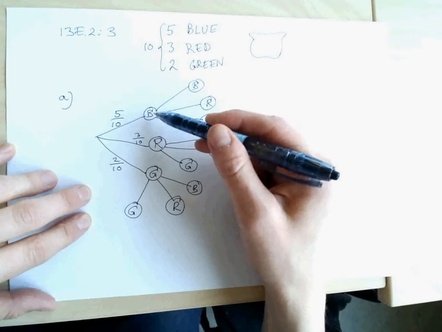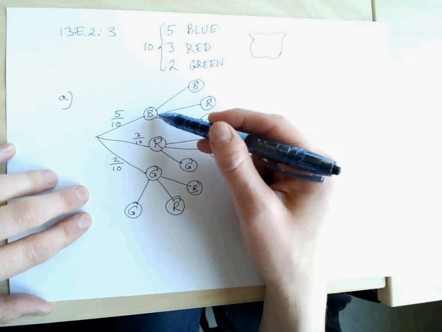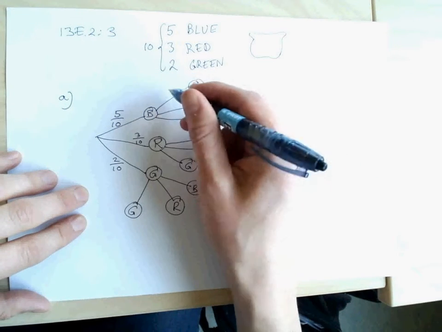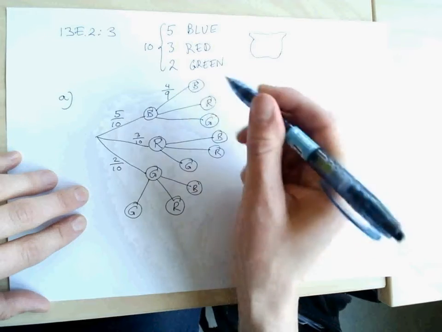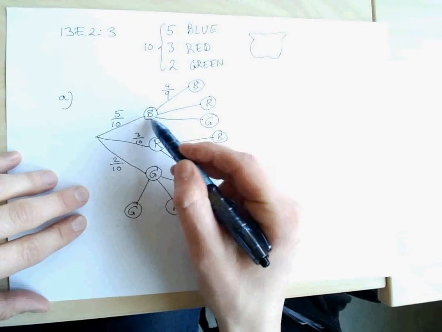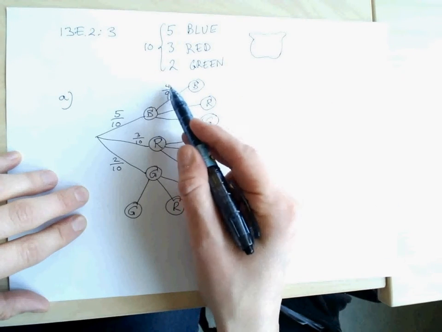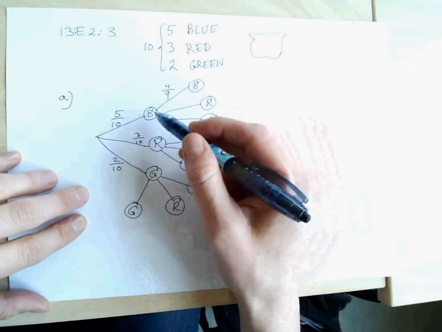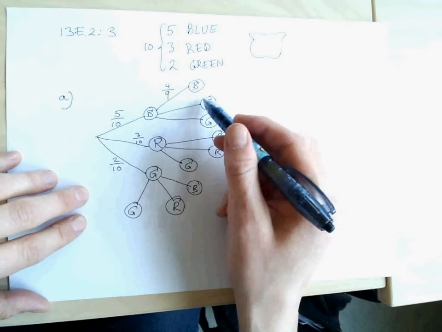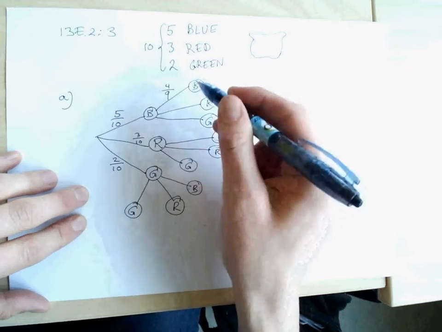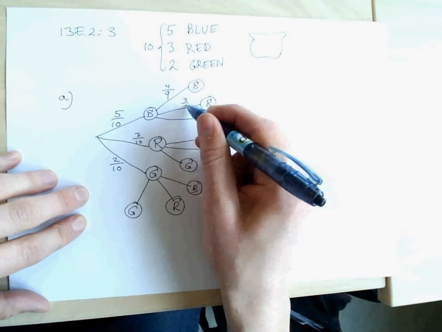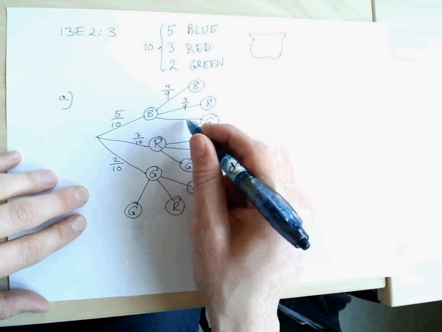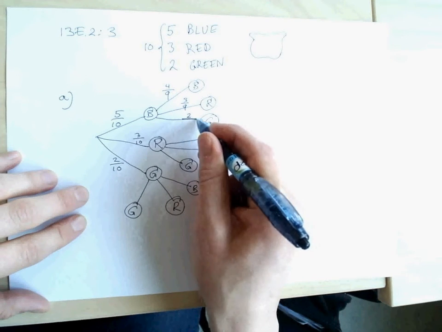If you have taken a blue first, then the probability to get another blue is 4/9, because we have already taken a blue, so there are only 4 blue pens left, and in total we have 9 pens. If you first have taken a blue and then you take a red one, you still have 3 red pens out of a total of 9 pens, and the probability to get a green one is 2/9.